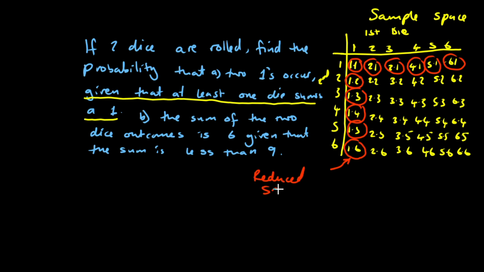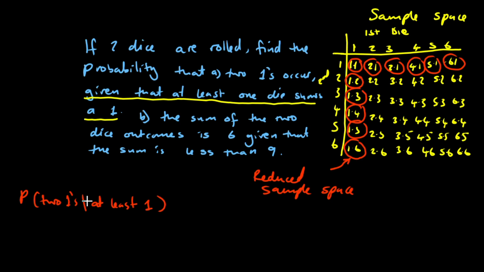sample space. Now, what is the probability that they are 2 1s, given that at least one dice shows a 1.